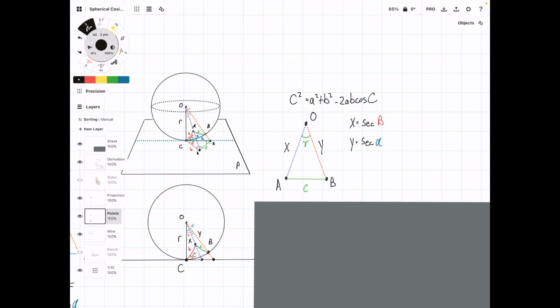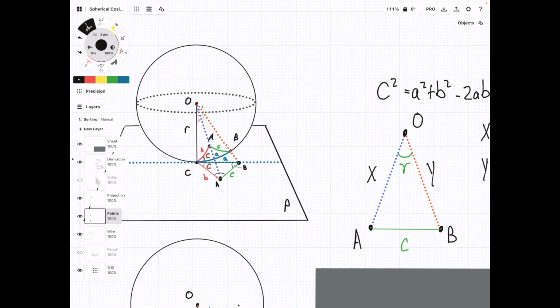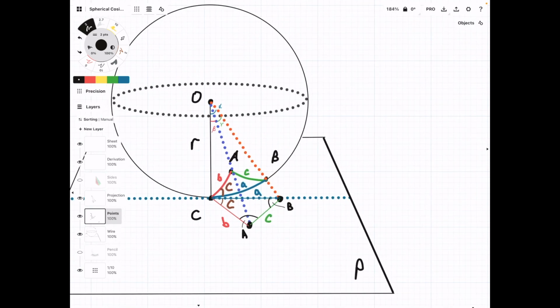And the interesting thing, and a very useful thing, is that the line that extends from the center of the sphere and intersects with the tangent plane, so this line and this line, those are both secant lines, and they're defined by the angle that they're formed by. So we have alpha in the back and beta in the front.